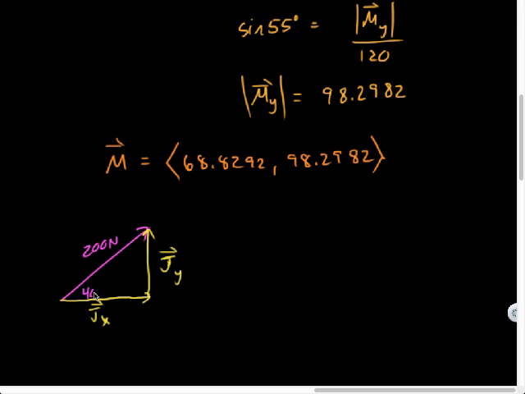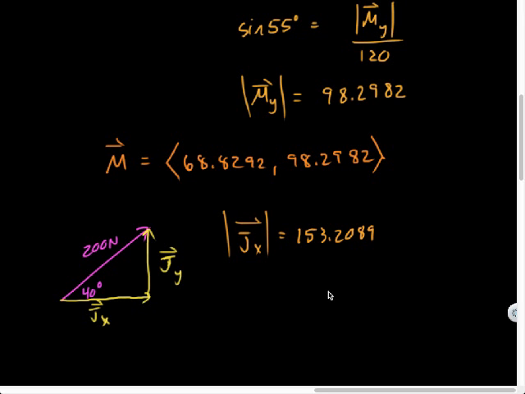40 degrees. So to find jx, it's going to be cosine of 40 degrees equals j sub x over 200, right? And then I'd get 200 times cosine 40 is j sub x. So the magnitude of jx is equal to, when you do 200 times cosine of 40 degrees, I believe I get 153.2089.